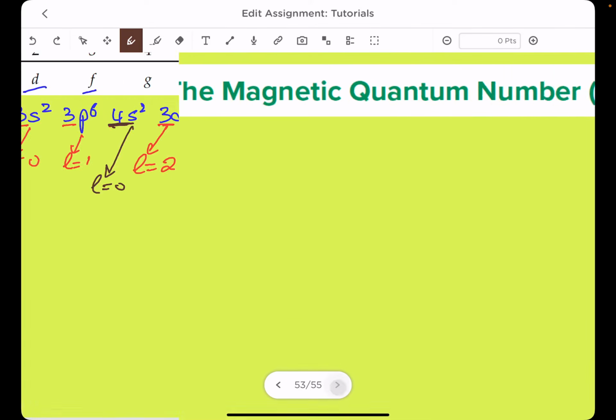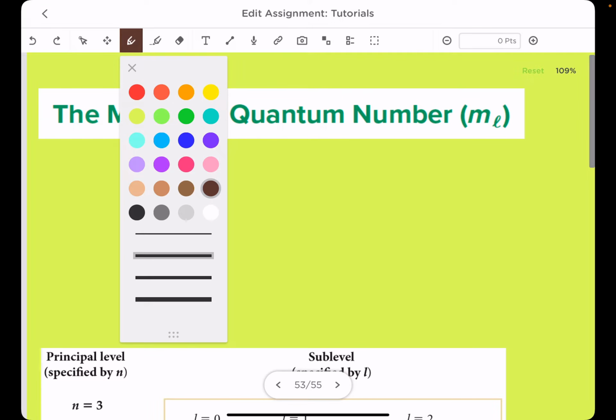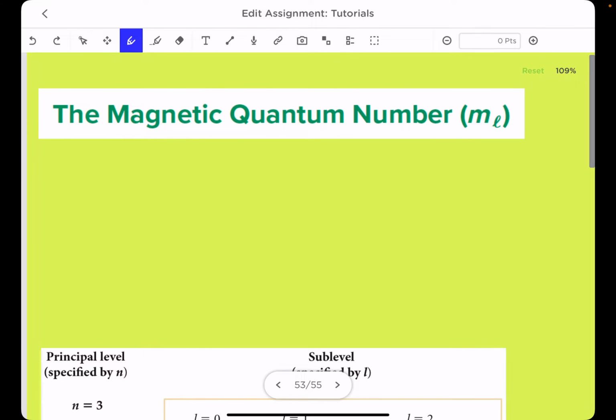Now, let's continue. The magnetic quantum number, ML, describes the orientation of the orbital in space. And the value of ML depends on the value of L. ML is from minus L to plus L. If you remember the example that I gave before, in the electron configuration of selenium, in S you see me only writing 1s2.